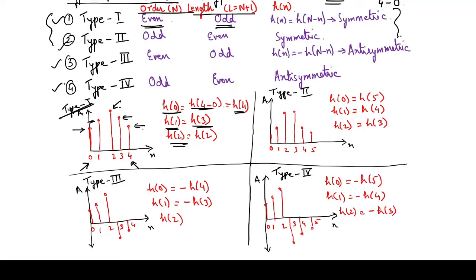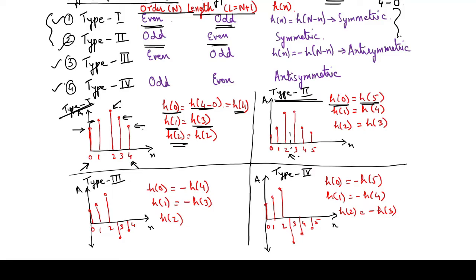Then coming to the type 2 filter, the order of the filter is odd, however the length is even. So we will have a center point over here. Again you put h of 0, it will be equal to h of 5.